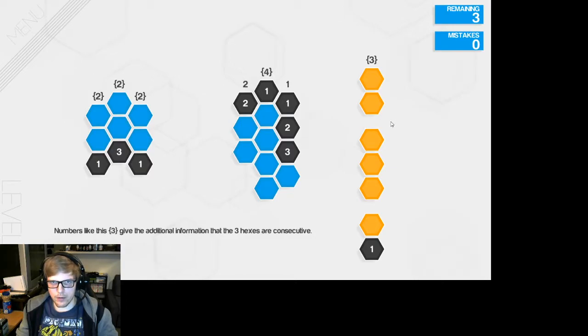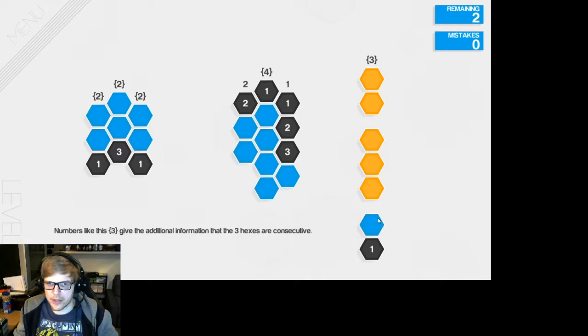That's not consecutive. For some reason, even though it says consecutive, it's not talking about empty spaces. And if we look down here, there's a 1 here, which means that this one needs to be blue. This space doesn't count.